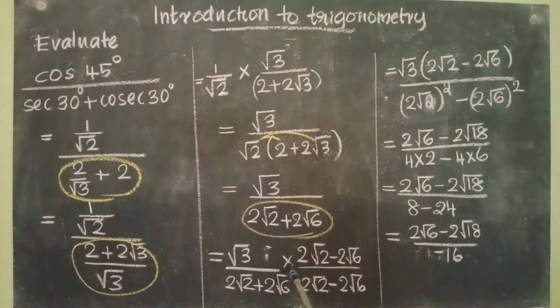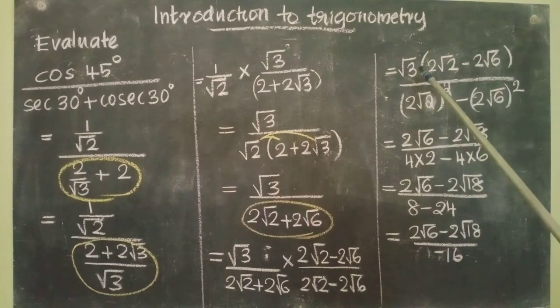So we need to multiply both the numerator and denominator with 2 root 2 minus 2 root 6. So we get root 3 by (2 root 2 plus 2 root 6) into (2 root 2 minus 2 root 6) by (2 root 2 minus 2 root 6).